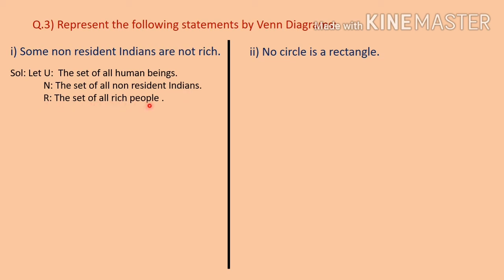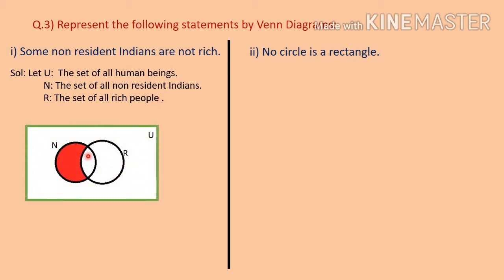Now here they have some non-resident Indians are not rich. Okay, so see the Venn diagram. This is the set of non-resident Indians and this is the set of rich people. We have to mark the non-residents which are not rich. So this is the portion of non-resident Indians which are not rich.